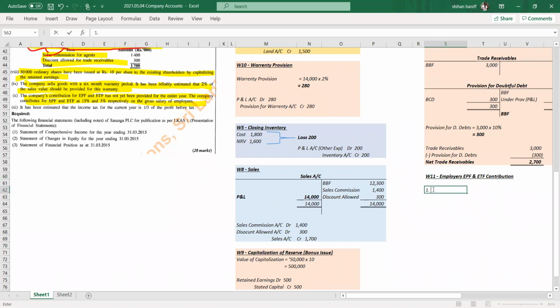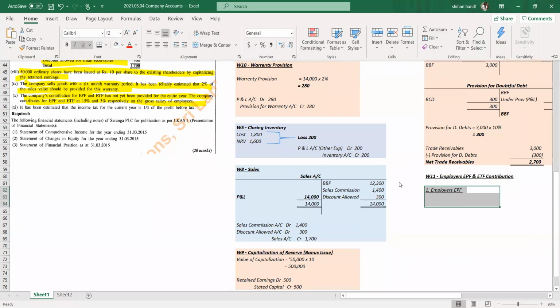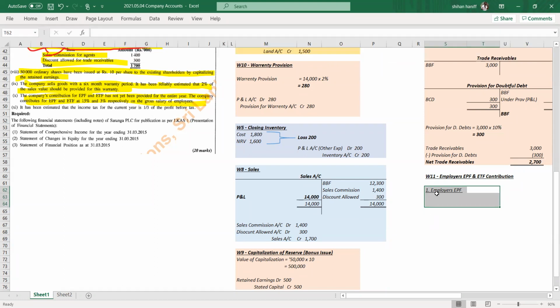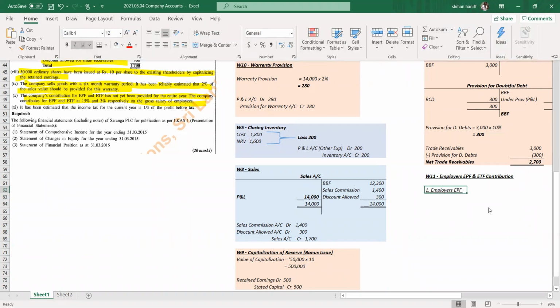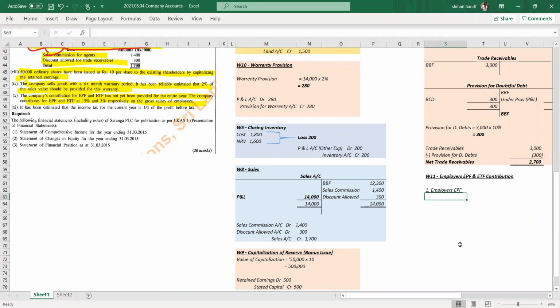Number 1, employer's EPF. This is an expense. They have said it is 15%.